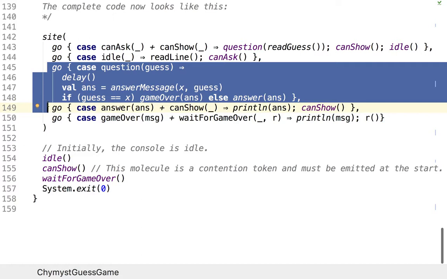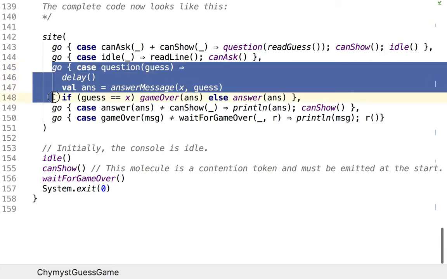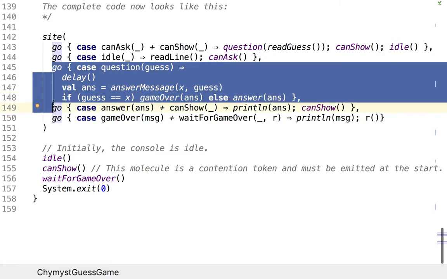The code does not express this directly. The code does not say, make another thread and run it. The code just says, when the question comes, do this. If many questions come, the runtime system will decide how many copies of this reaction can be run in parallel. This depends on the number of cores on your CPU, or other such considerations, and this should not be a concern of the code.